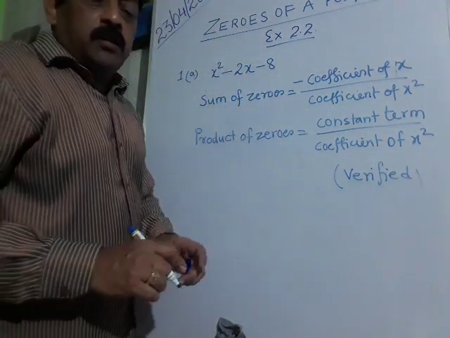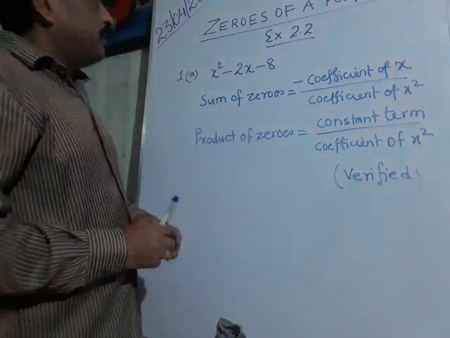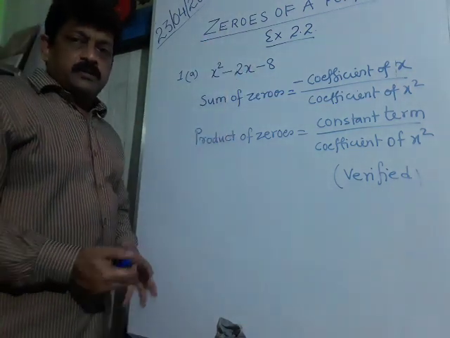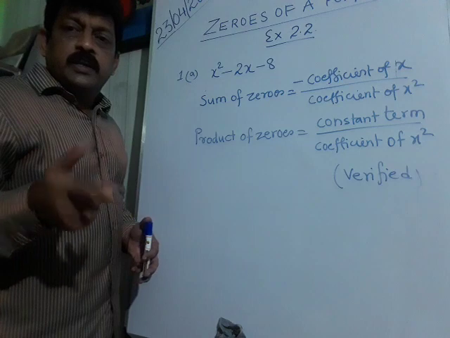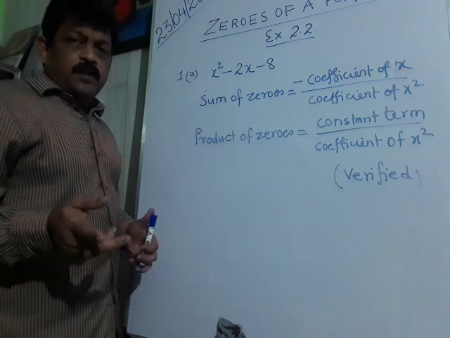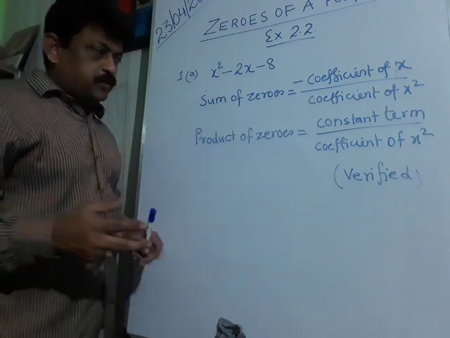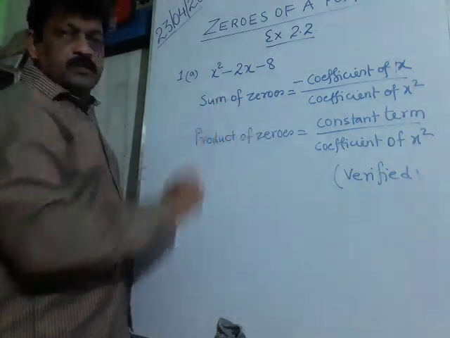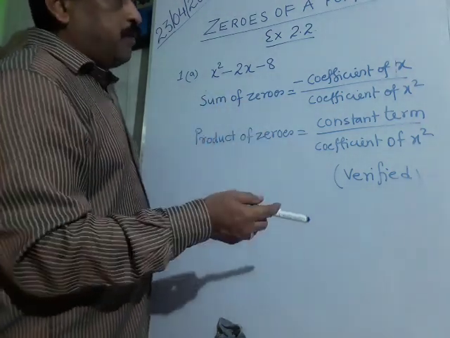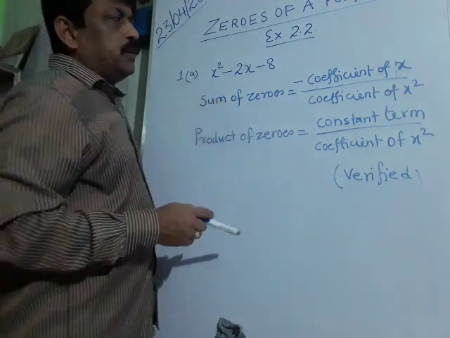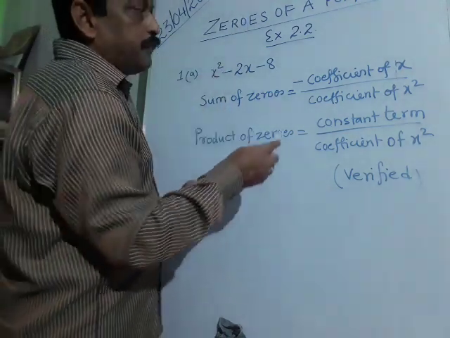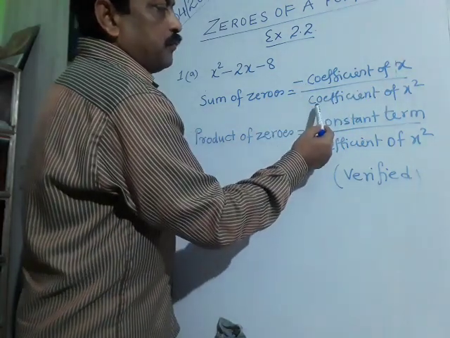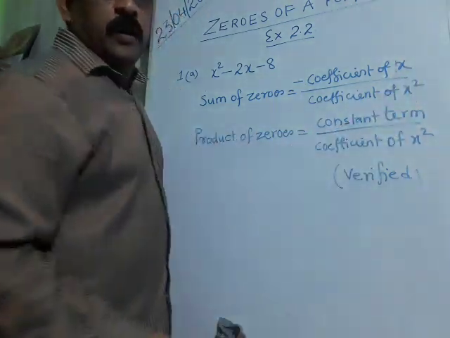So let me go through the whole process again. First of all, whatever is the polynomial given, we have to factorize it. After factorizing, we will get 2 factors. From there, we will get 2 zeros. Then we have to find the sum of the zeros and the product of the zeros. Now, by comparing the given polynomial with the general form, we have to find the value of minus coefficient of x divided by coefficient of x square.